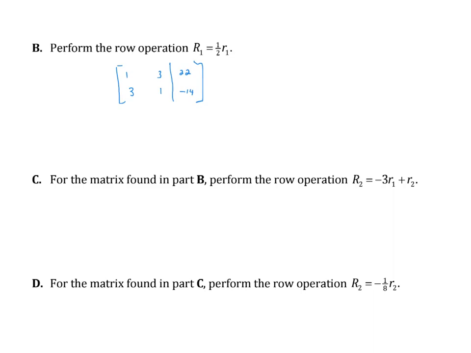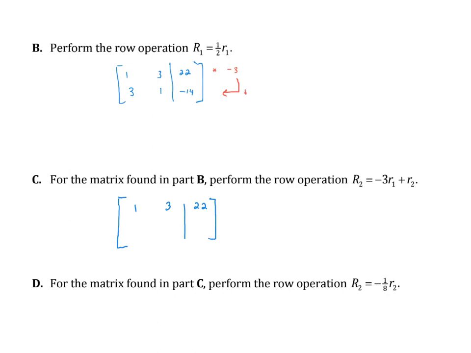Now in part C, we're going to take -3 times row 1 and add that to row 2, and that will be our new row 2. Notice row 1 isn't changing now, so 1, 3, 22 is staying the same. I'm going to write up here, we're going to take this first row, multiply by -3, and add it to row 2.